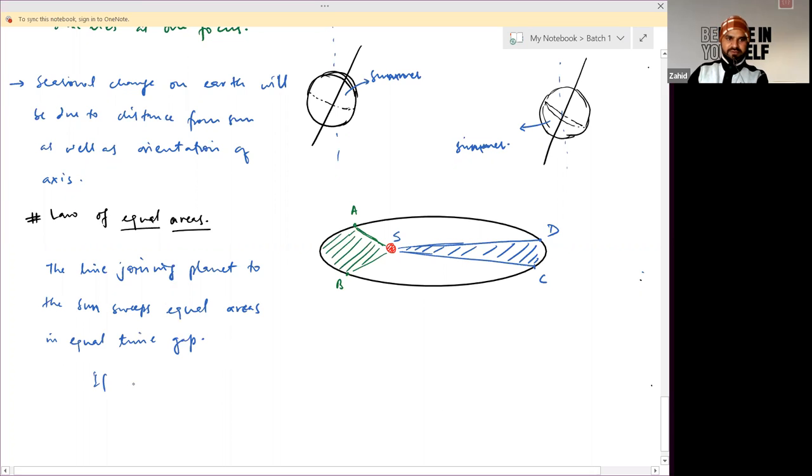So if area ASB equals area CSD, then the time taken by the planet to go from A to B should equal the time taken by the planet to go from C to D. Is it clear?